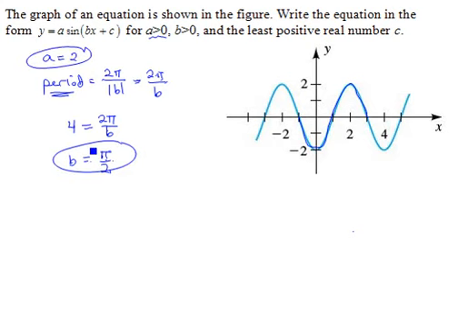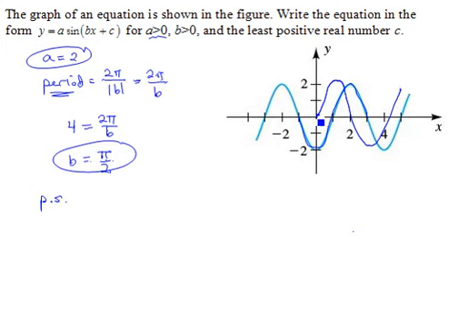We found a earlier. To find the value of c, we can use the phase shift. The normal sine curve starts at 0 and comes up, goes down, comes back up again.